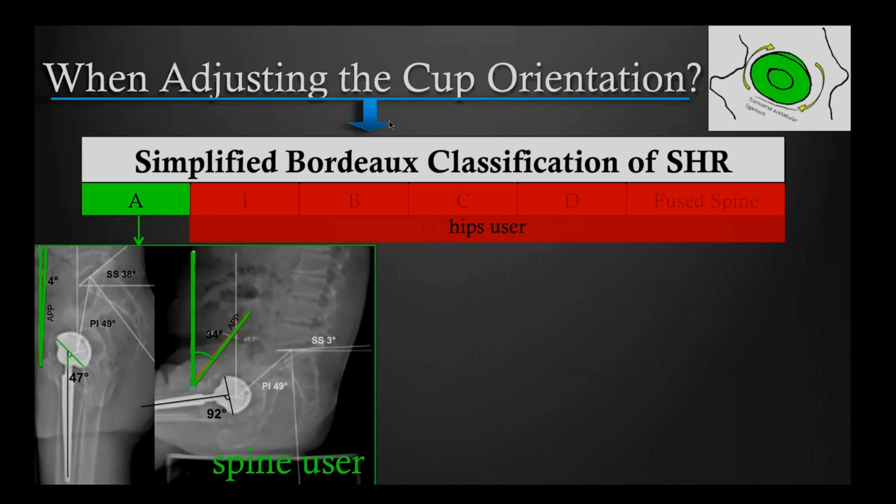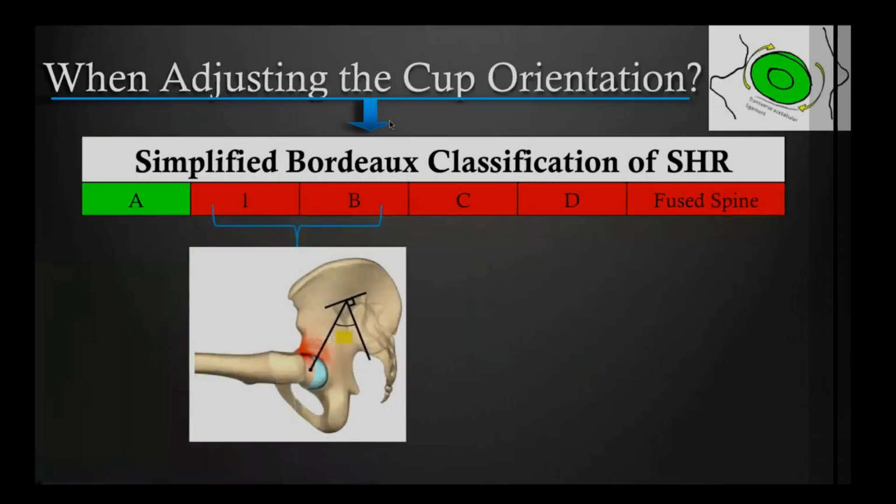And the spine user patients, when sitting for instance, don't need to use a high cone of mobility of the hip, which is probably a protective factor. When you have a native hip, it probably prevents degeneration and reduces the risk. And when you have a prosthetic hip, it may as well reduce the risk of mechanical failure, prosthetic impingement, and prosthetic edge loading. The 5 other types are abnormal.